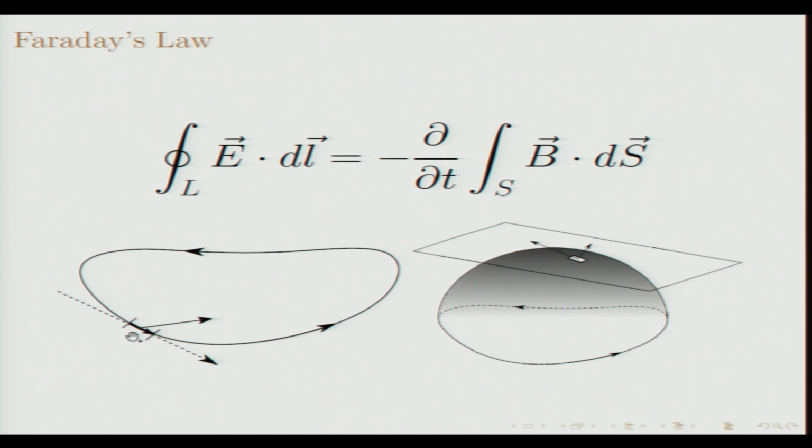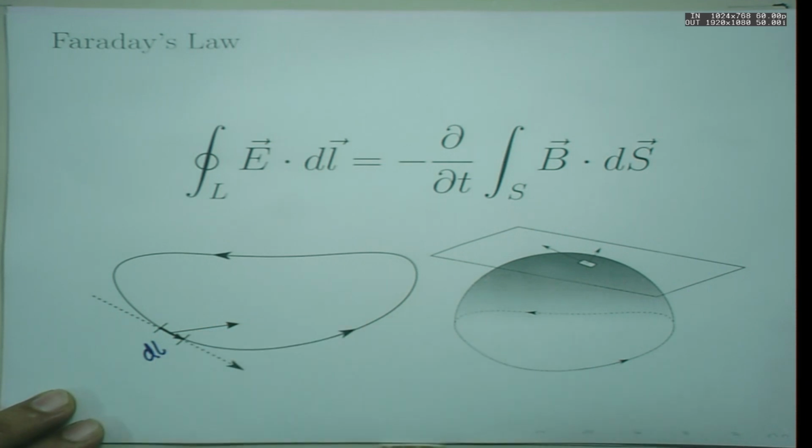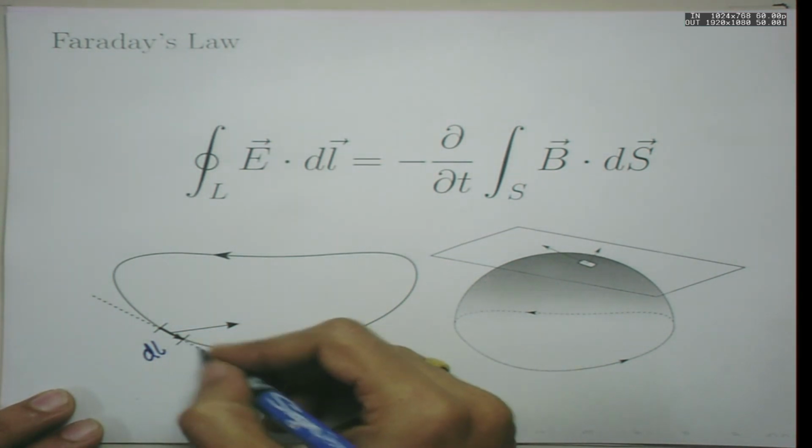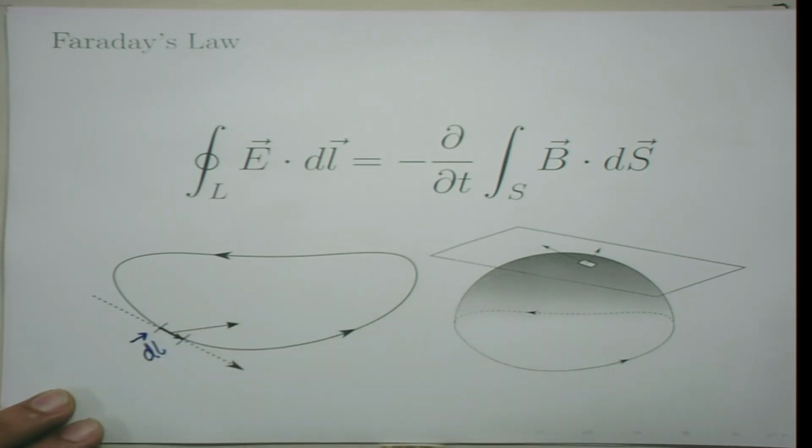The direction of the tangent is based on an anti-clockwise convention, that is the convention I will use. This is dl, an elemental length, and we assign it the same direction as the tangent at that point.